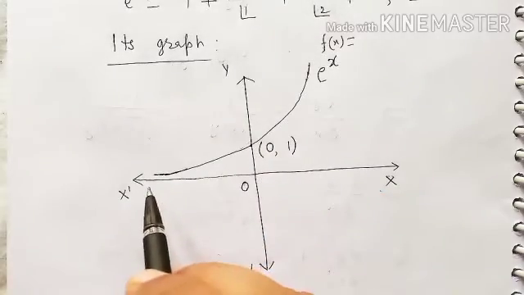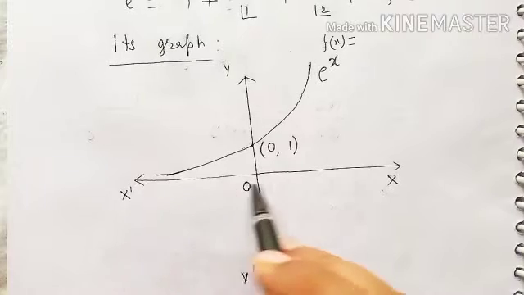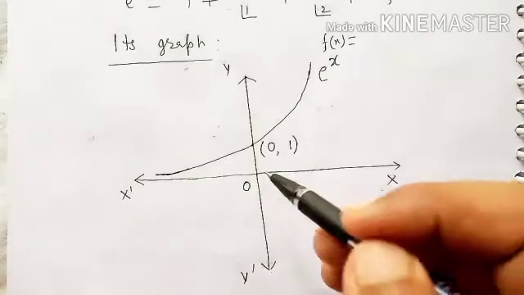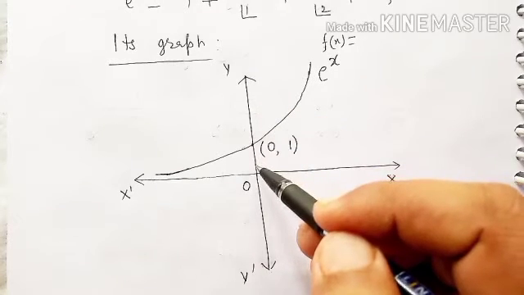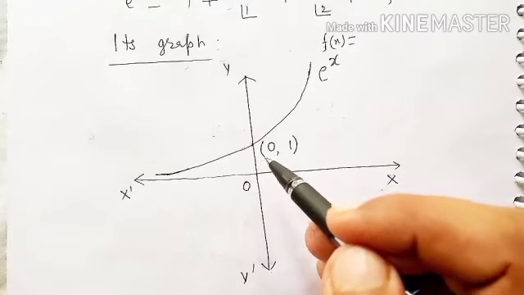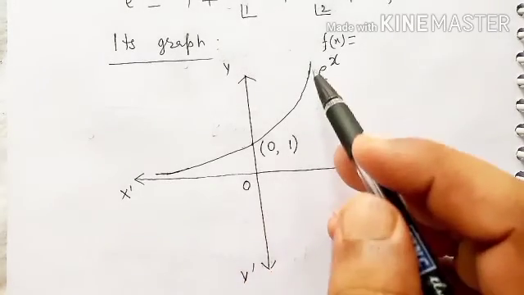We see that the domain of the function is the set of real numbers, and the range of the function is positive real numbers. We can tell this function is ever increasing.